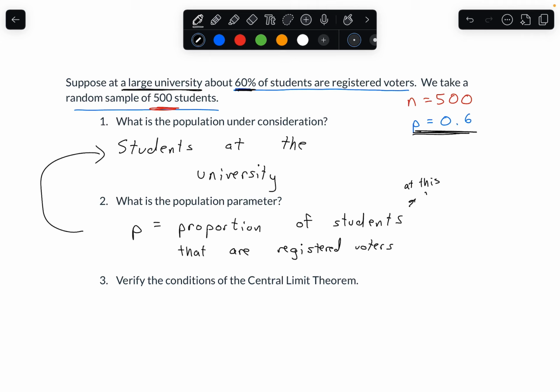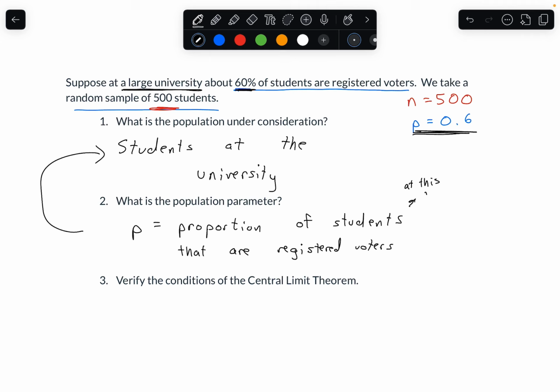So we do want to be specific here. So the value of this is actually given to us. We said that was 0.6. Now, usually knowing that the value of the population parameter is pretty difficult to do. We can usually only estimate it, but perhaps we've got some data that we might not otherwise have access to. So we have our population, we have our population parameter.